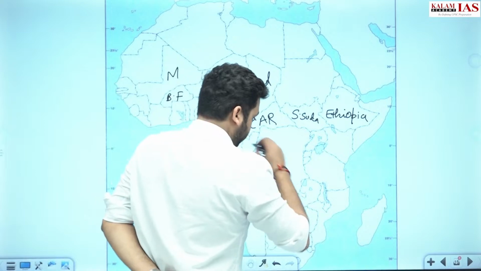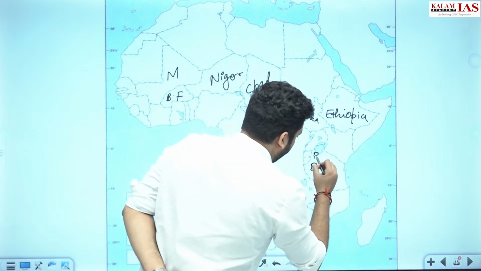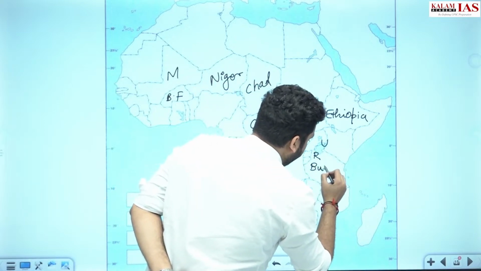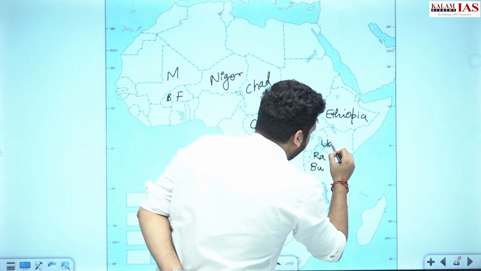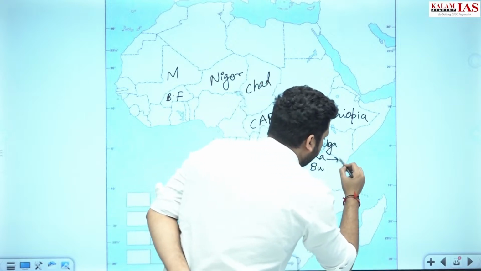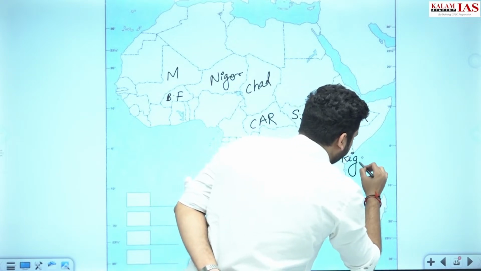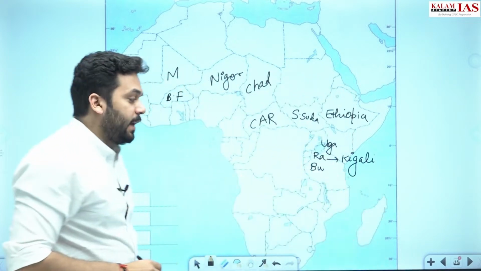Then we have BRU: Burundi, Rwanda, Uganda. Rwanda's capital is Kigali, and we discussed the Kigali Amendment.